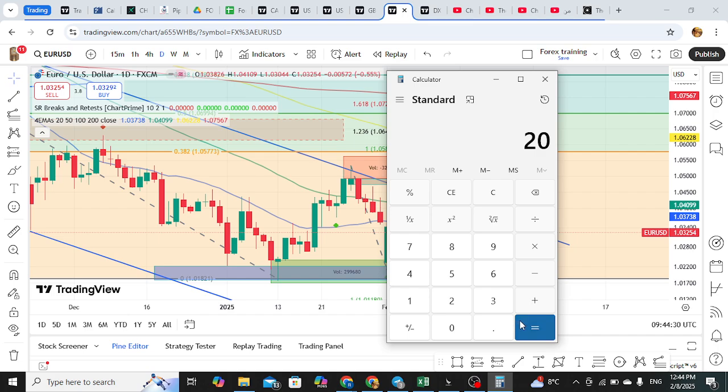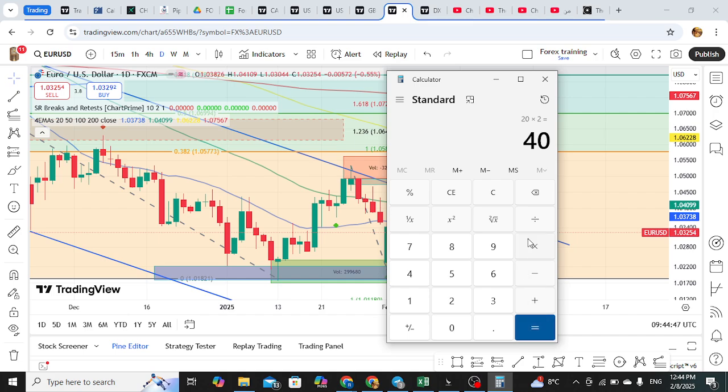If this is my stop loss, 20, and the minimum that I accept is 1 to 2, that means I multiply this by 2, and then my take profit distance is 40 points from the entry point.